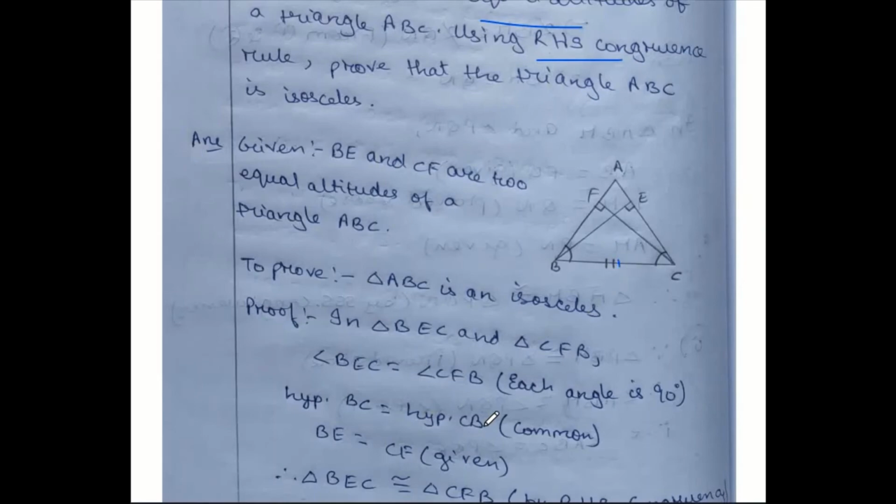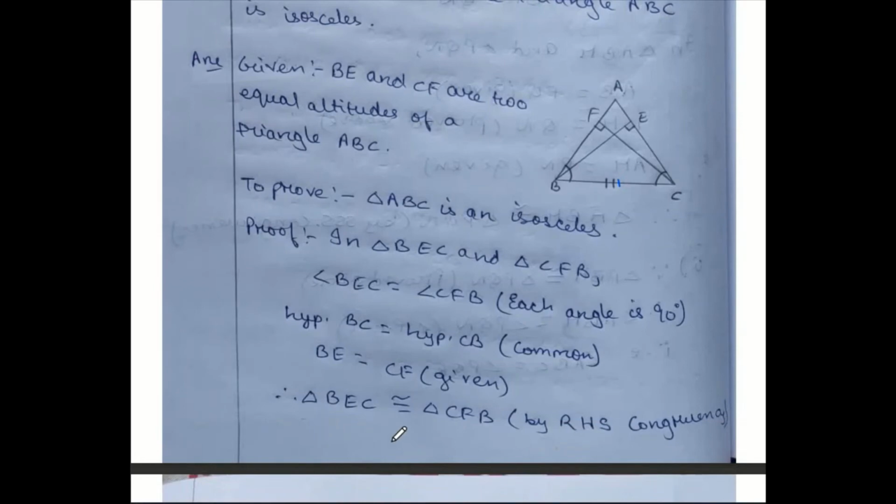So hypotenuse BC equals to hypotenuse CB, because from triangle's name also conditions should match. Here BEC, first and third letter. Here first and third coming C and B only. So hypotenuse BC is equal to hypotenuse CB, that is common. BE and CF already given two equal altitudes. Then both the triangles BEC and triangle CFB, they are congruent by RHS congruency.